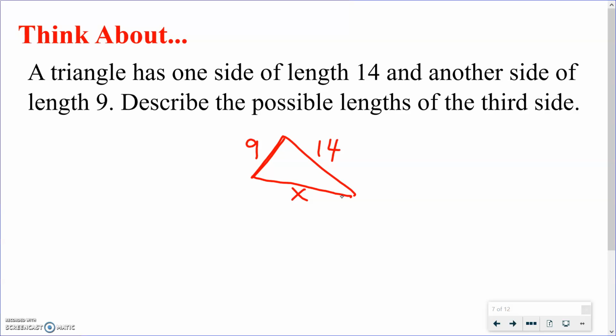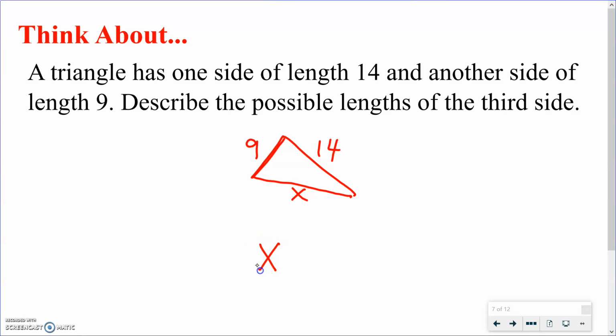I want you to think about, could it be 14 and 9 together, longer than 23, or could it be 23? Or if 14 and 9, the difference is 5, could it be shorter than 5? Would that be able to connect the triangle?